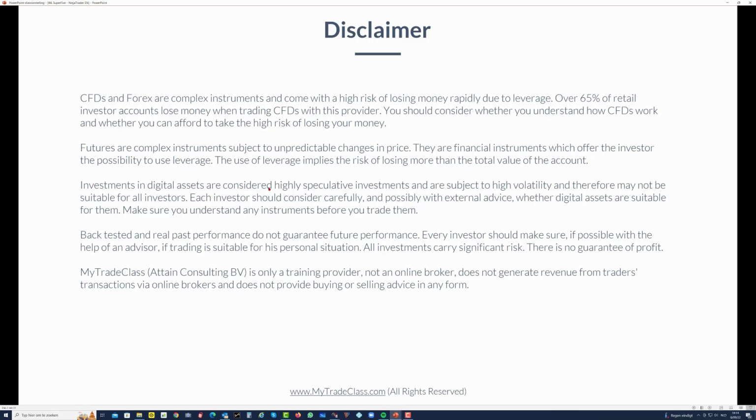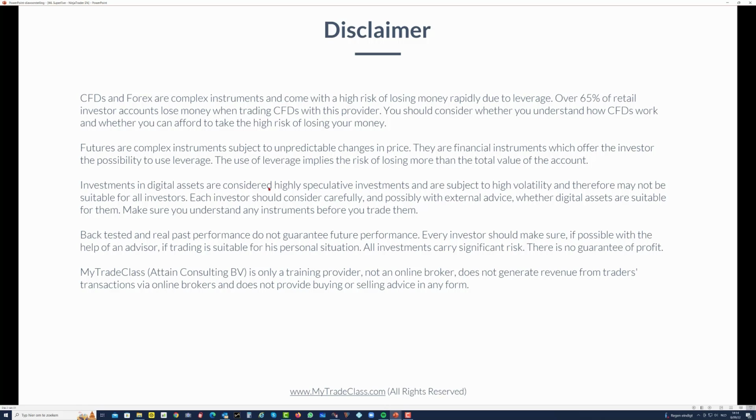If you have any questions regarding this, feel free to contact me via my website, my trade class. And especially on NinjaTrader, you can test on demo accounts. Please do this and learn to know these risks. Risks are there to be managed, and this is something that you should and can learn.